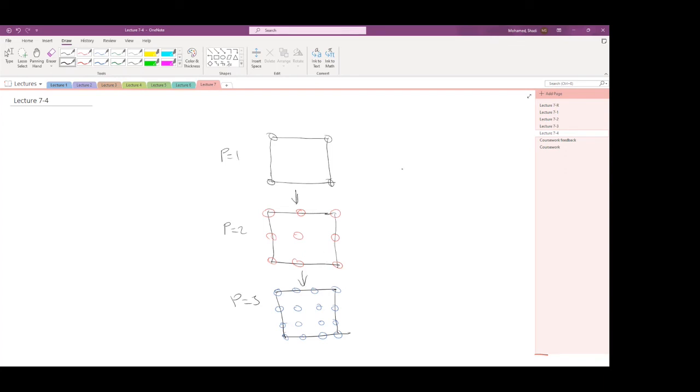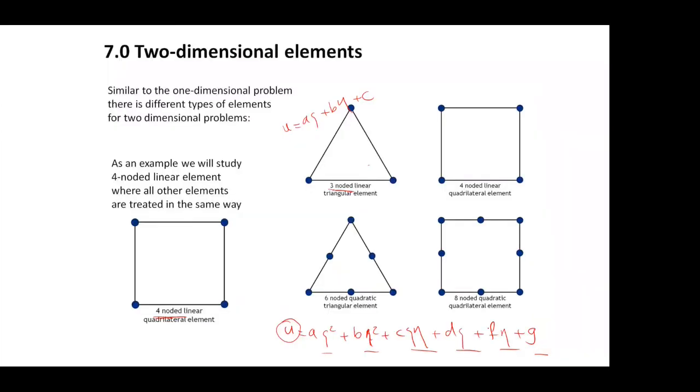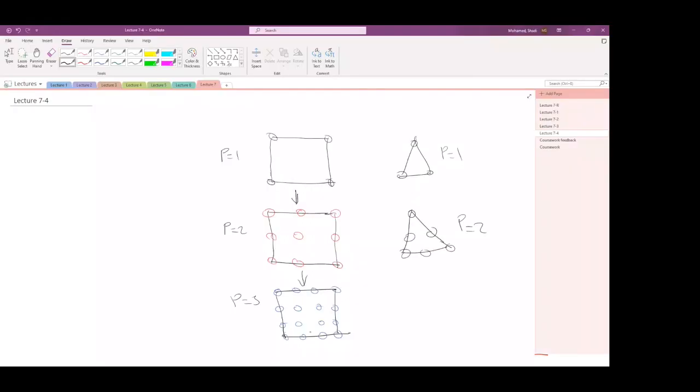The same is also applicable for triangular elements. So this is p equal 1. If you have 6 nodes, just like the function I've written, this is p2. So this is basically just this function here. You have 6 nodes, and you can keep refining this as much as you want.